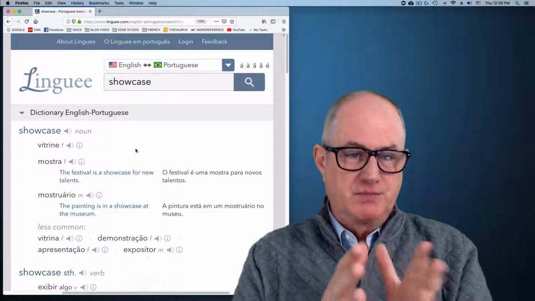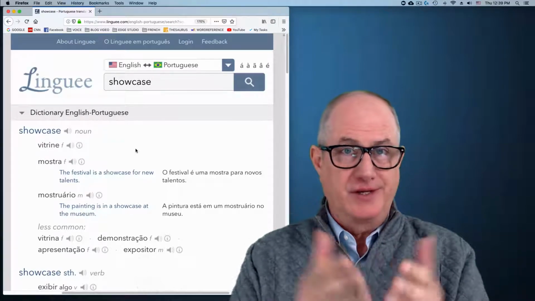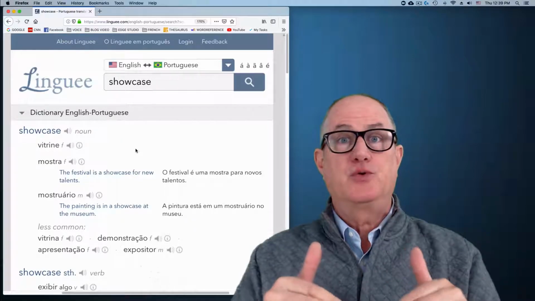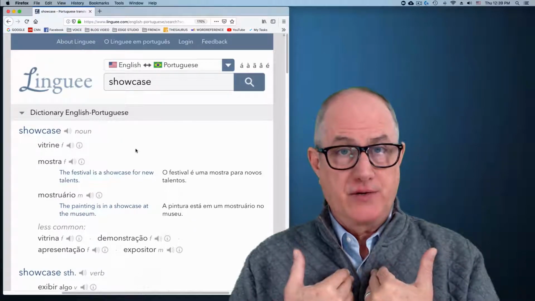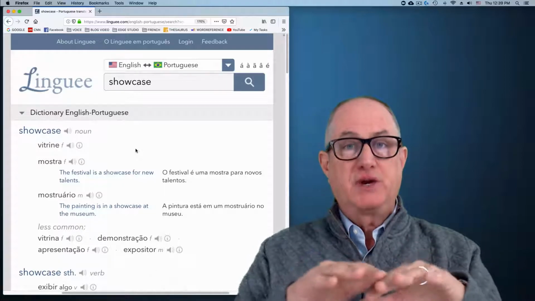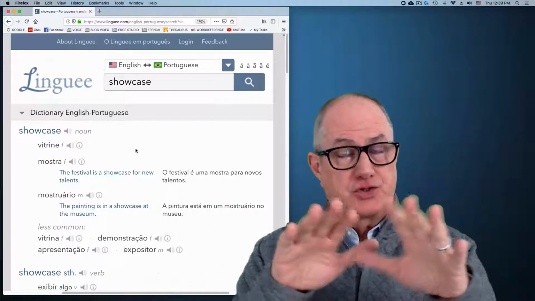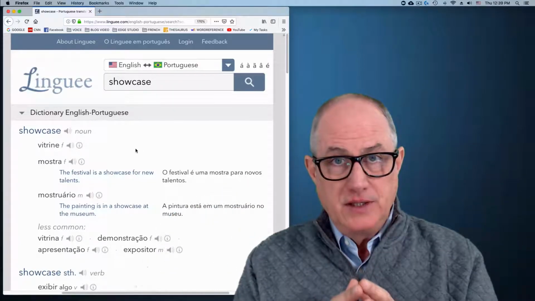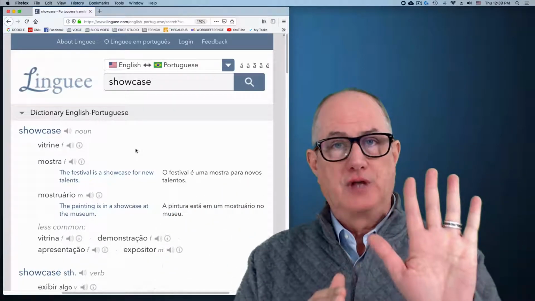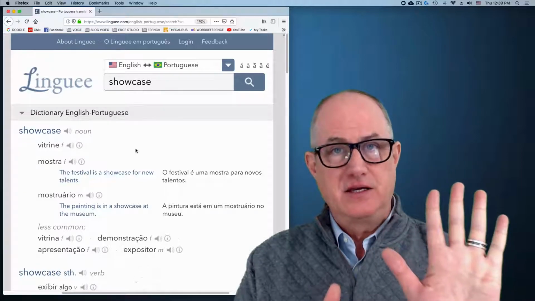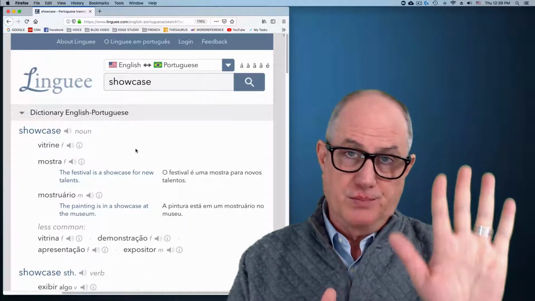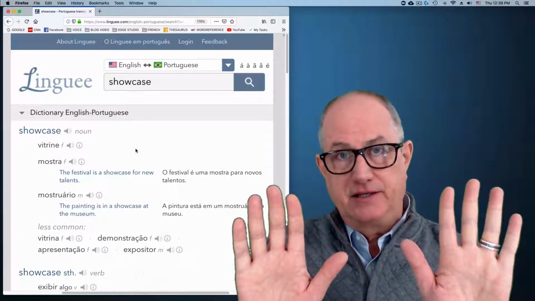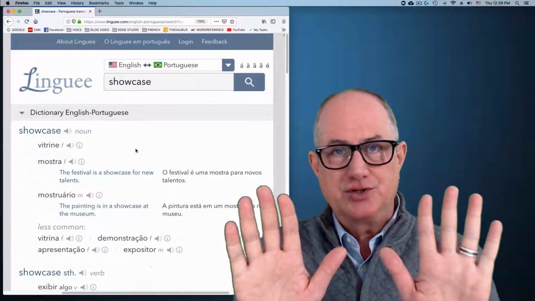Now, in truth, what makes Linguee special in my mind is that the way Linguee comes up with its answers to my queries is by searching. It has a search engine that searches documents around the World Wide Web, looking for documents that are written in either English or Portuguese in this case, but that were also translated into the opposite language.